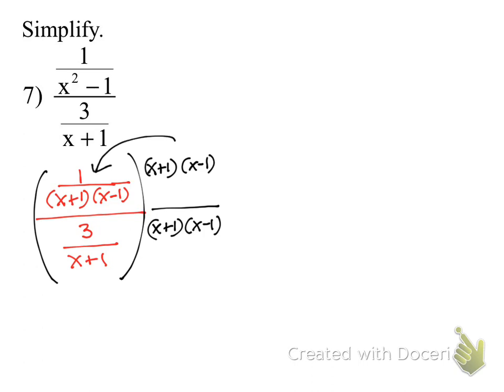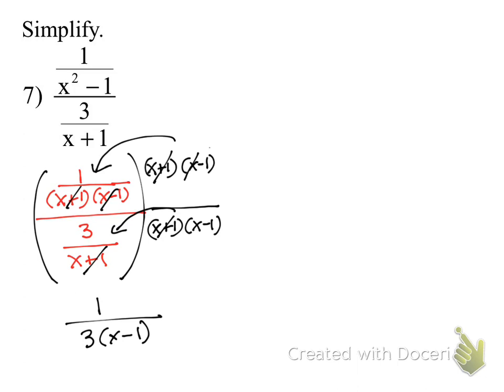And when we distribute here, what are we left with? In the numerator, just a 1, right? This cancels with this, and this cancels with this. And when I distribute here, what gets cross-canceled? And we're left with 3 times x minus 1.